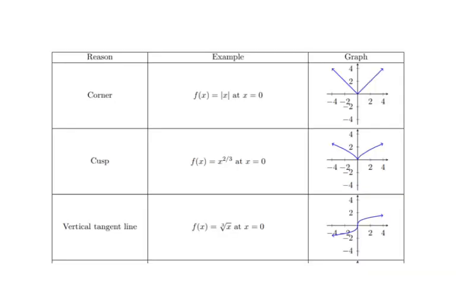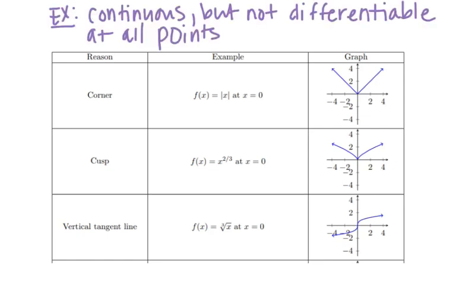Okay, so for these first 3 examples, these are examples of graphs that are continuous, but still not differentiable on the whole function. Okay, so maybe jot that down on your paper. It might be easier to write yours over here on the side. But somehow notate that these are 3 separate examples of functions that I can trace all the way across and there's no issue with continuity.